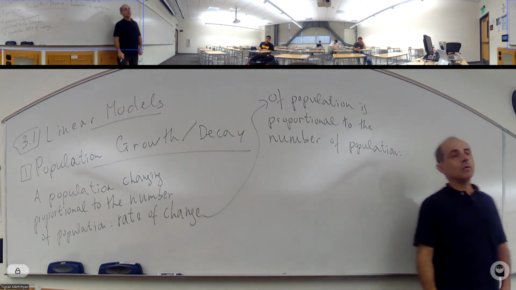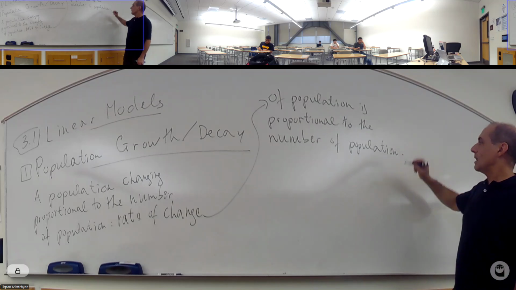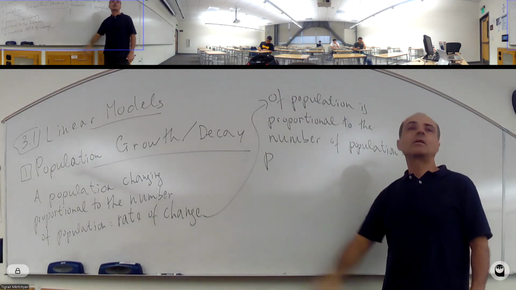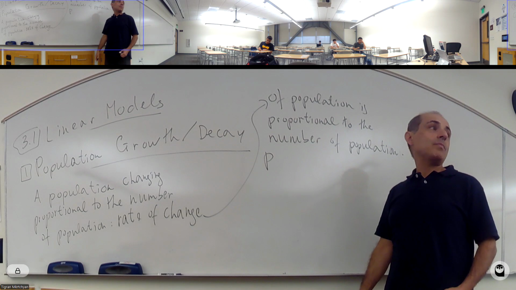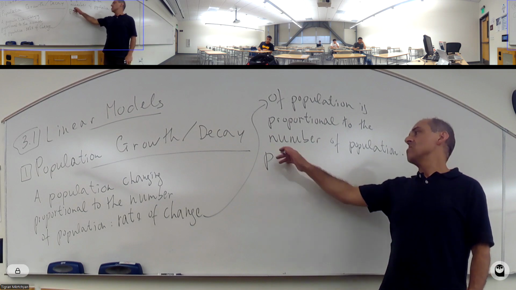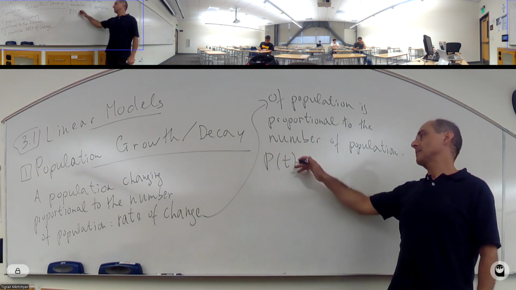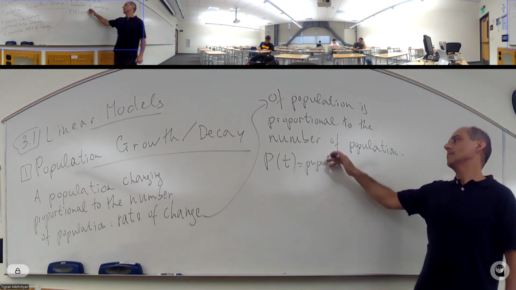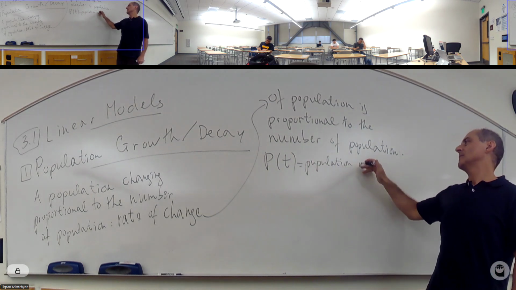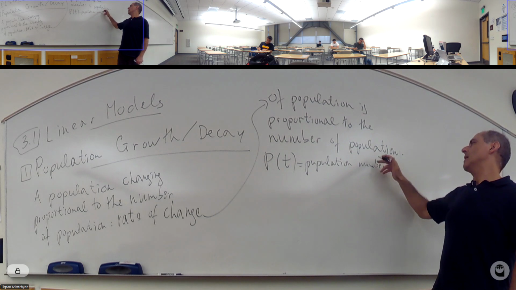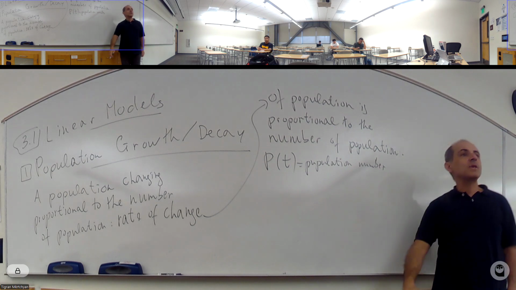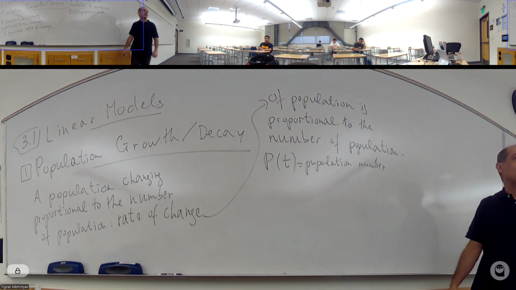So let's see what that means. Let's say P is the population number. It depends on time T. At the number of things or number of people or number of bacteria, number of whatever in your population. T is the time.